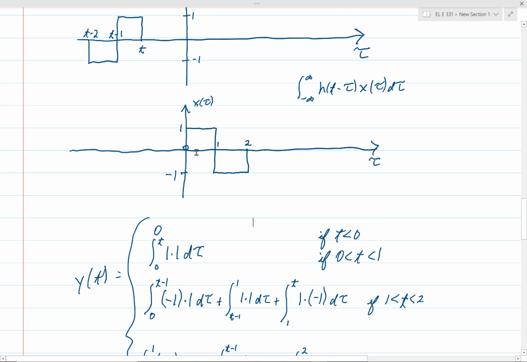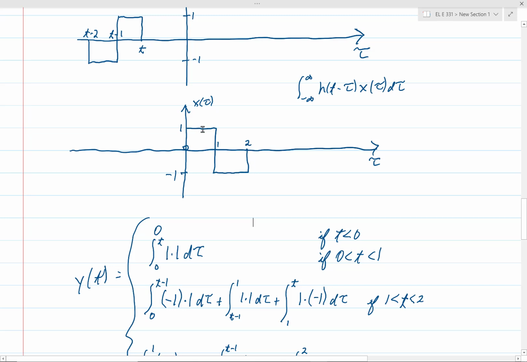And so the overlap between the negative part of h and the positive part of x will be from 0 to the midpoint, which is t minus 1. So that's why these limits are 0 and t minus 1. That takes care of the overlap between this portion of h and this portion of x.